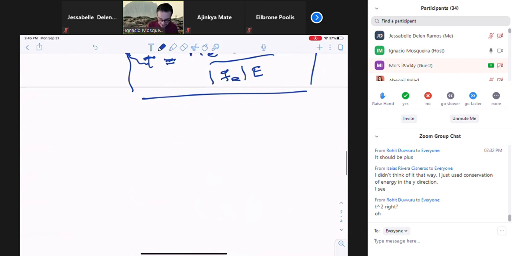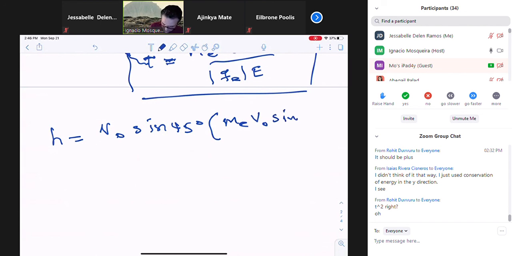So let me do that. So h equals, and I have the formula in front of me. I'm gonna go fast. I'll write you what comes out. So it's V0 sine of 45, and now times time. So the time we just calculated above. So let me write down what that is. V0 sine of 45 divided by QE times the electric field, minus 1/2.